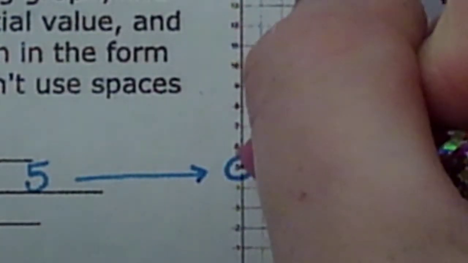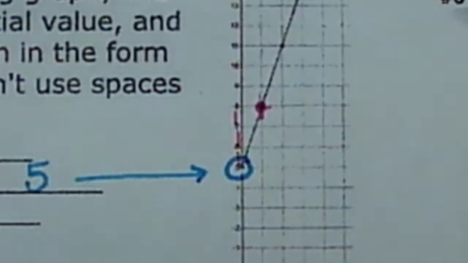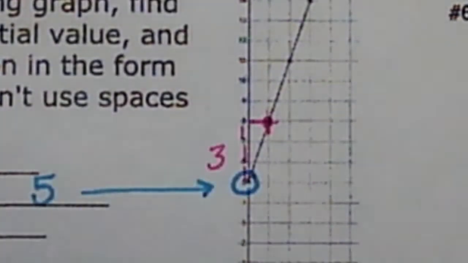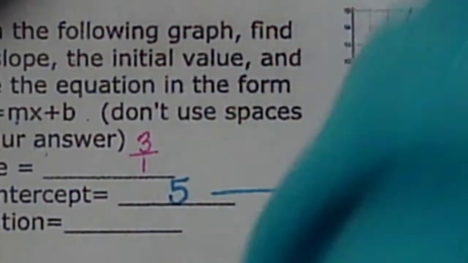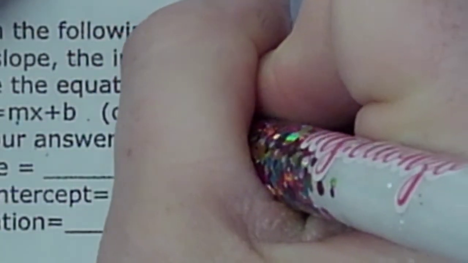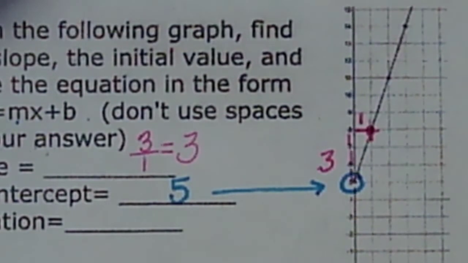Remember it's rise over run, or change of y over change of x. So it's 1, 2, 3, over 1. It went from 5 up to 8, which is up 3, and from 0 to 1, which is a change of 1. So our slope would be 3 over 1, which is just 3.